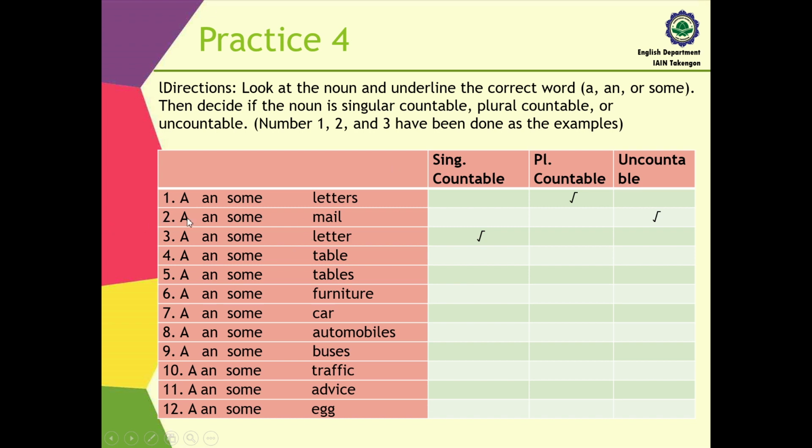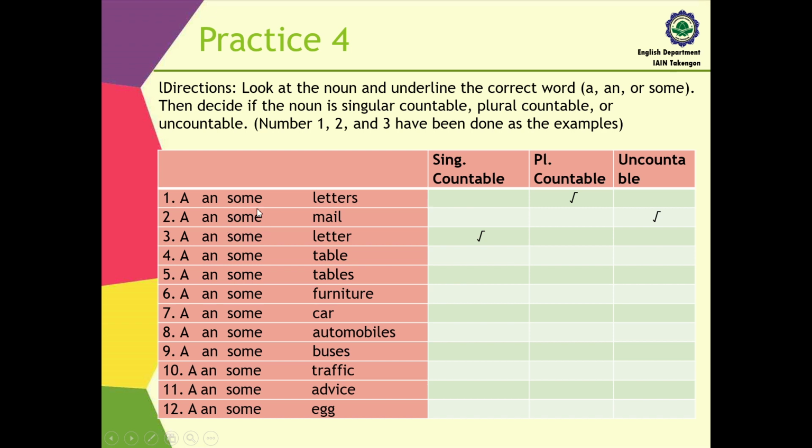Okay, let's see number 2. We have the word mail. If you remember our first material about countable and uncountable nouns, we have common uncountable nouns, and mail is one of those words. Because it is uncountable, it's impossible for us to count it with one, so it's impossible to put a or an here.